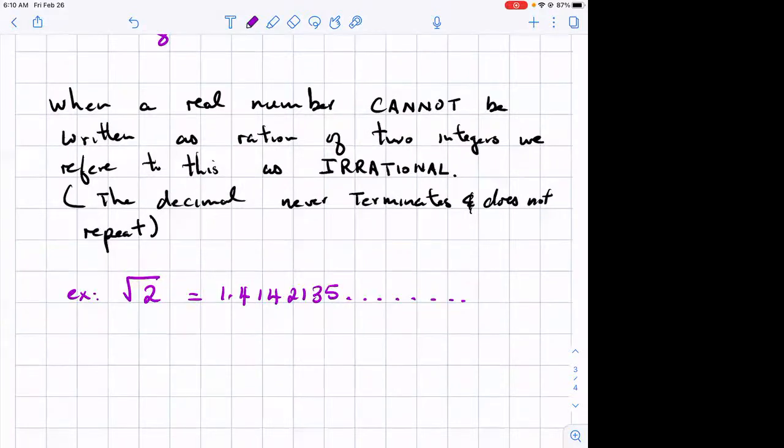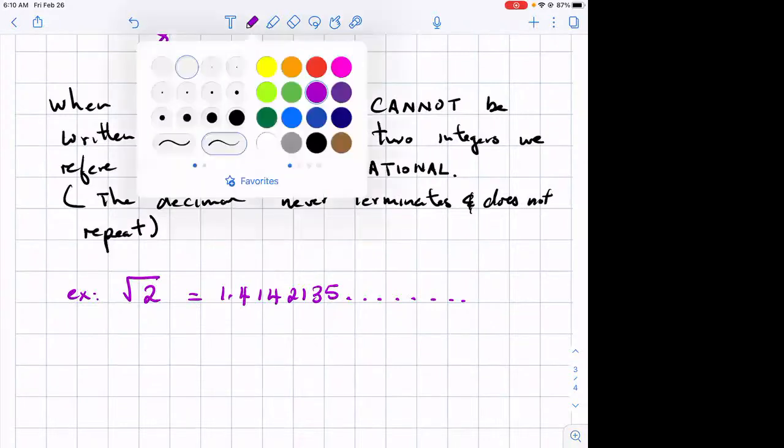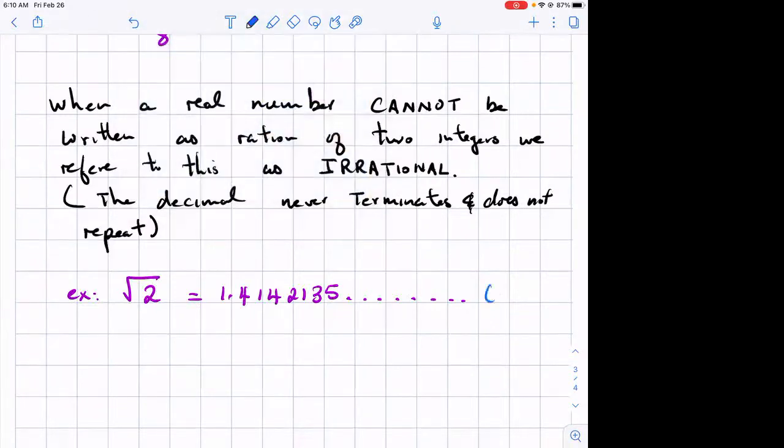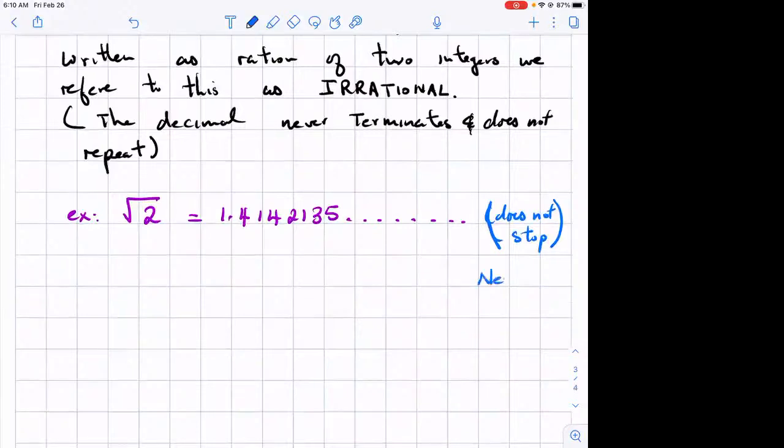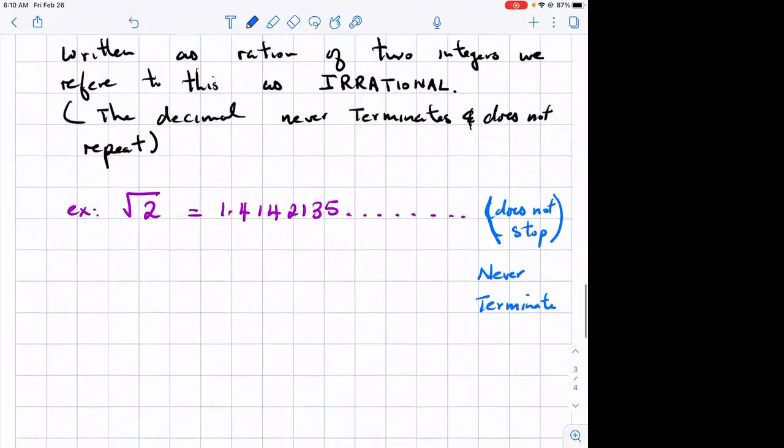It does not stop. Because it does not stop, we say it never terminates. In addition, if you look at the decimal here, it's a 4. The next decimal over is a 1.